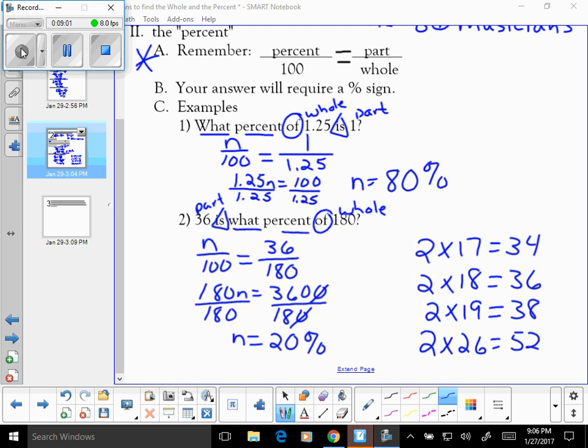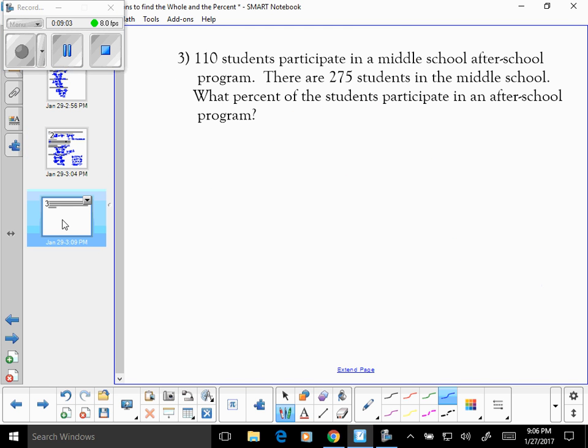All right, let's look at example 3. Yes, a story problem. 110 students participate in a middle school after-school program. There are 275 students in the middle school. Our question says, what percent?